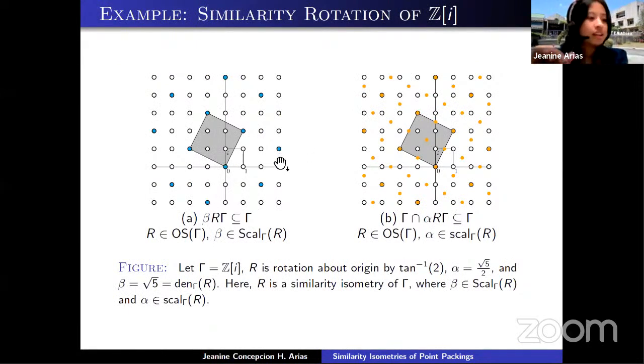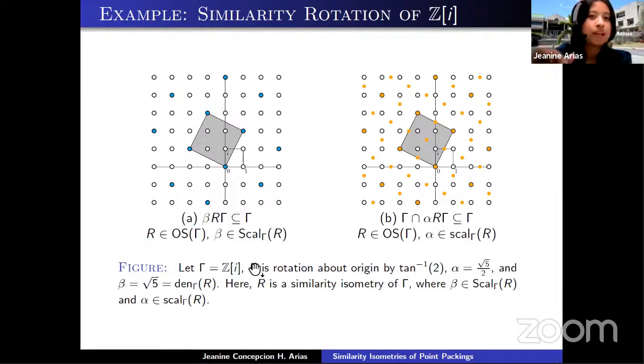Here, the white dots represent the original lattice, which is the square lattice Zi. The colored dots represent the transformed copy of the lattice. That is beta R gamma for the blue dots and alpha R gamma for the orange dots.